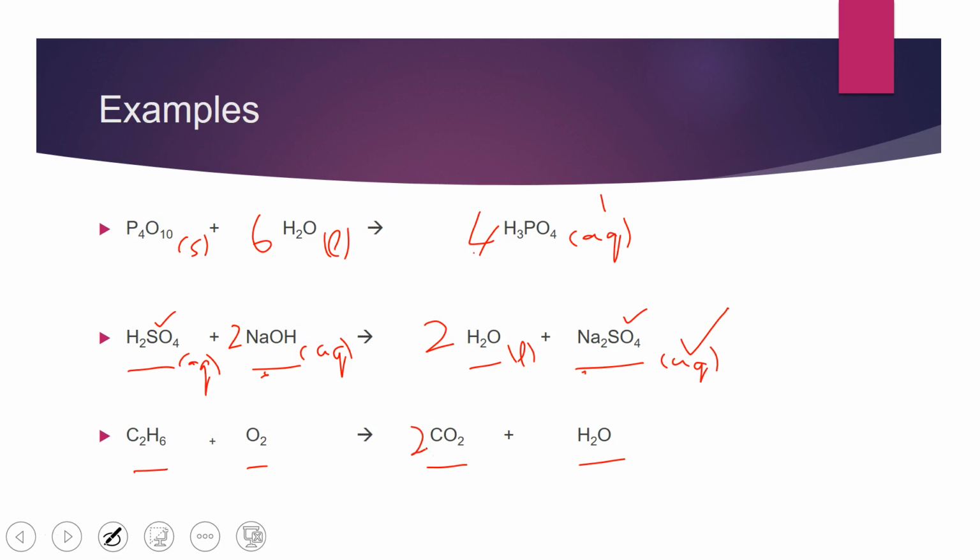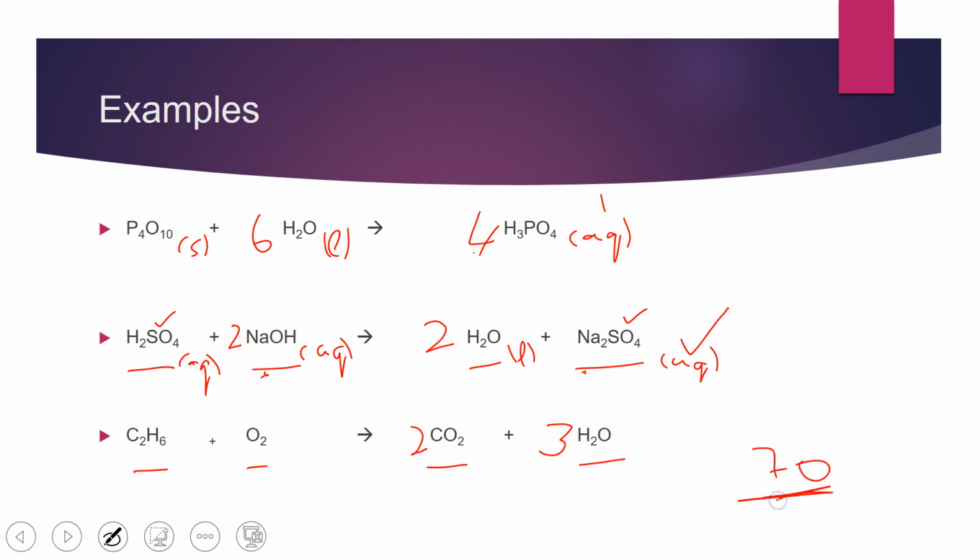I'm then going to do my hydrogens because I leave oxygen to last because it's in more than one place. So hydrogen 6 on the left-hand side and 2 on the right-hand side. So 3 times 2 will give me 6. Okay, so now I check my oxygens and work out what's going on. And I have 3 and 4, so I have 7 oxygens.